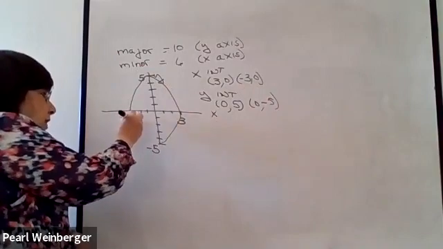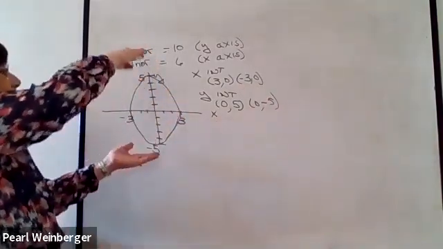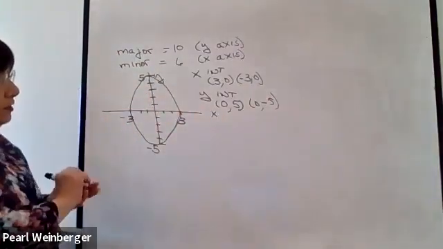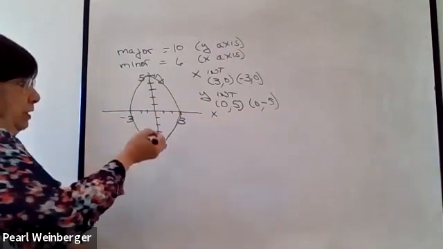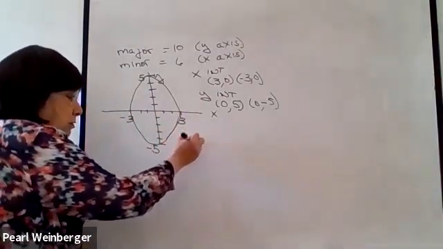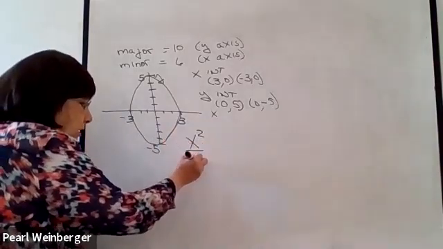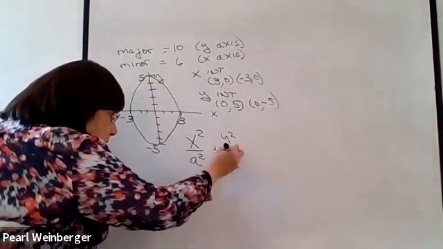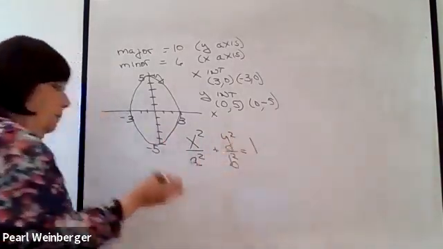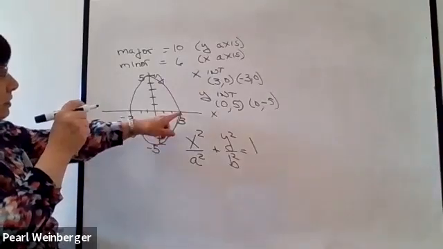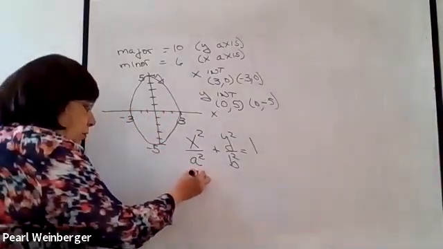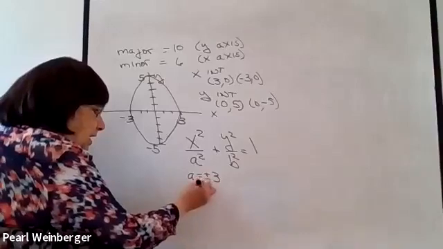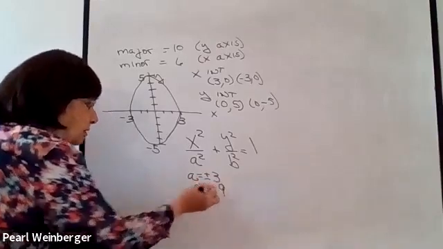This is a little bit different than the others because my major axis is vertical and my minor axis is horizontal. But now we can easily say, remember our standard equation, we're going to put our equation in standard form. A in this case is either the 3 or the -3, because it's the x-intercept, which means the a squared has to equal 9.